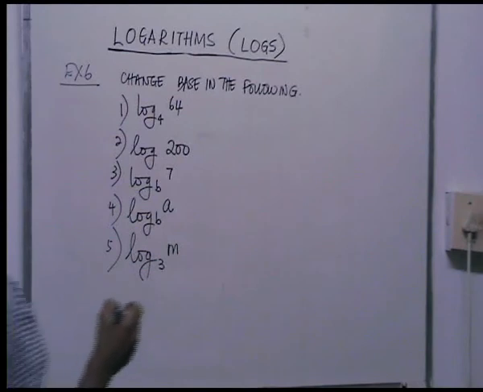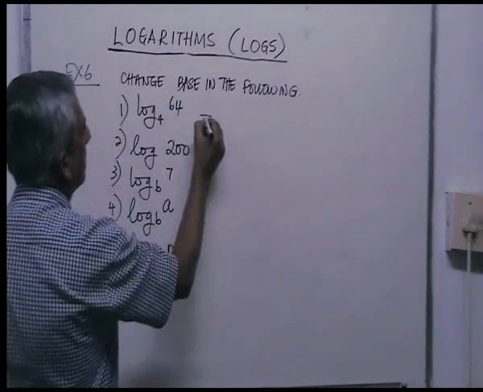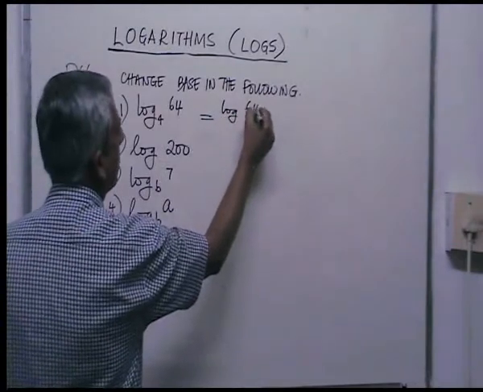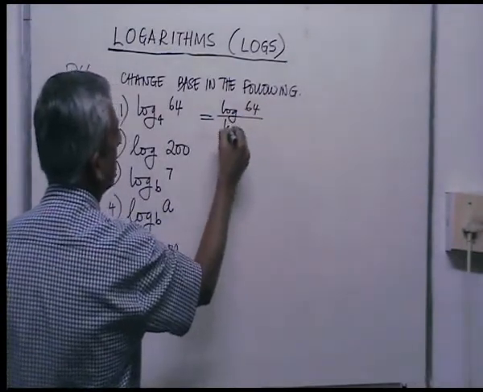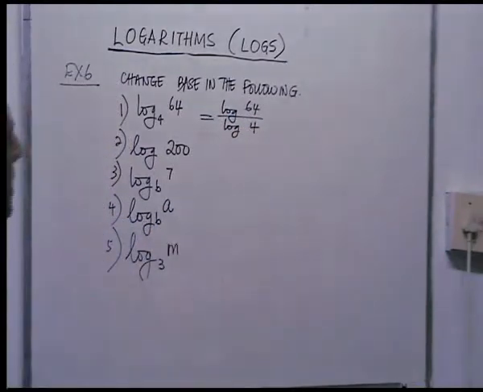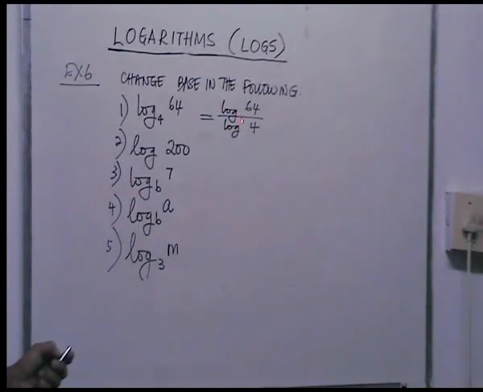Welcome back. Right, so there we are. This answer will be log 64 all over log 4. I am purposely leaving the base as 10 here. The base was 4. We've changed the base now, log 64 all over log 4.